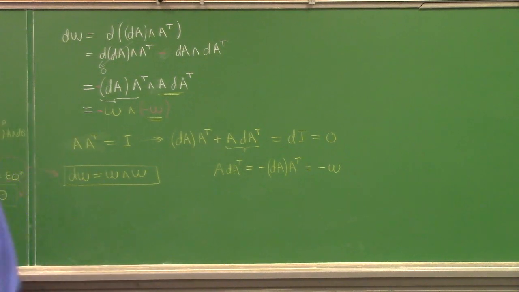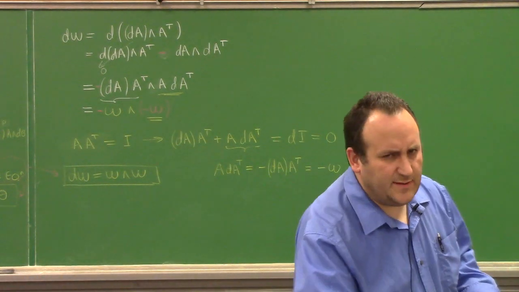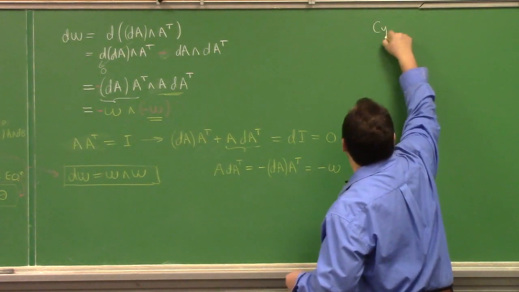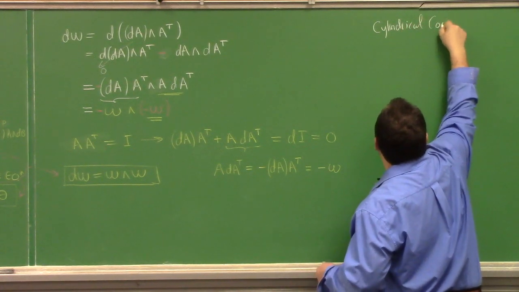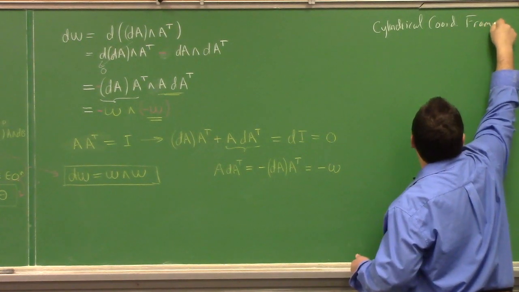So an example that I can do here without getting into trouble, and there's a typo or two in the notes, is the polar frame, so the cylindrical coordinate frame.